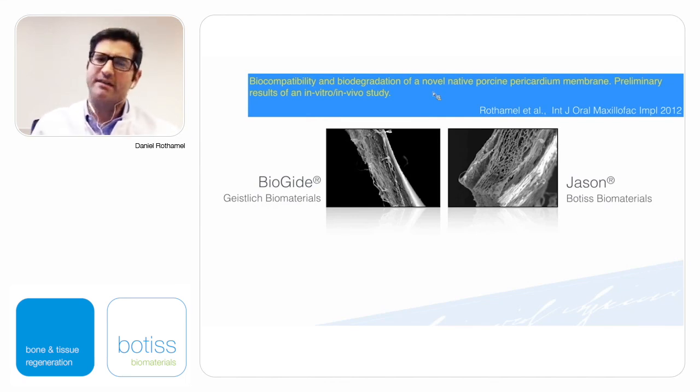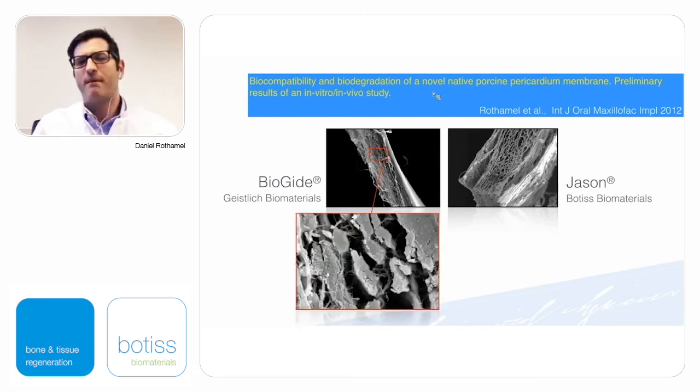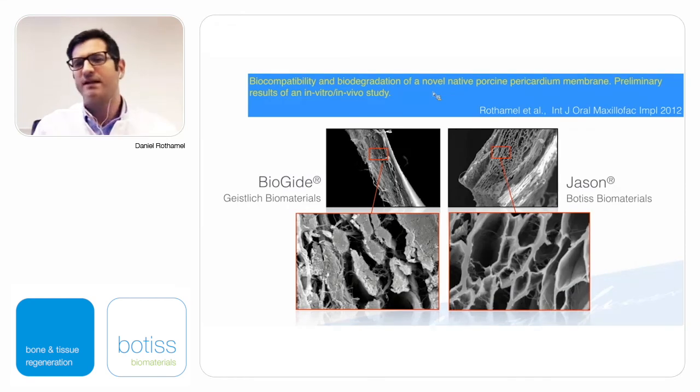When we compare this membrane that was developed from this prototype in terms of morphology, we see that this bilayer membrane, the BioGuide membrane, consists of a lot of individual collagen strands, whereas this pericardium membrane that was used as a material with longer standing time, the pericardium, we see completely the opposite.